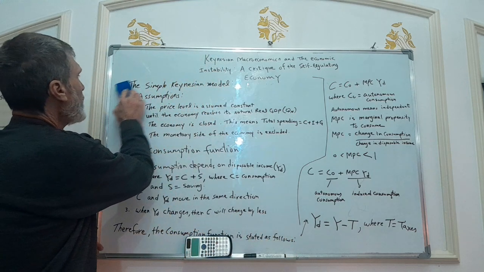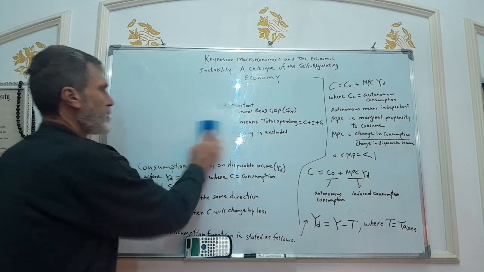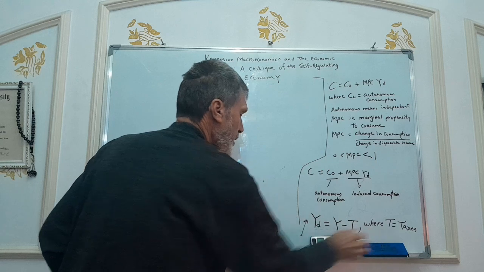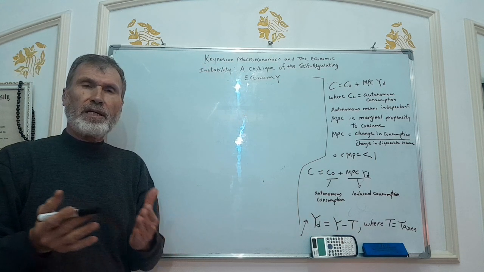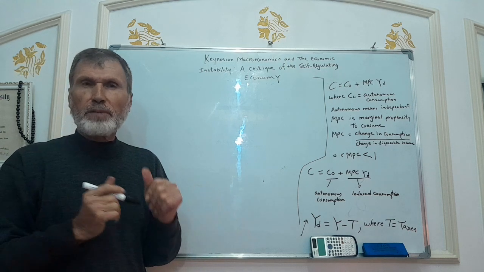Let me erase over here and continue to discuss these important points. As I said, the sum of consumption and saving will equal disposable income.